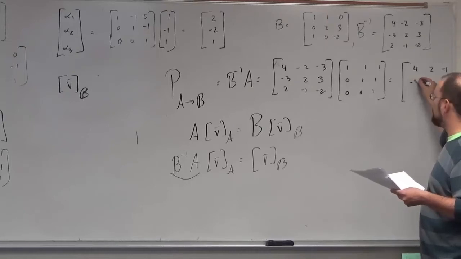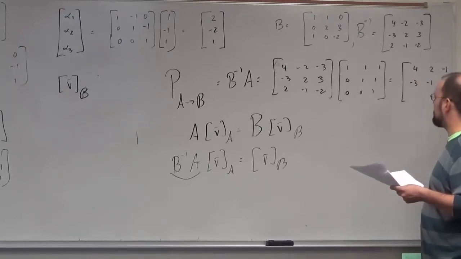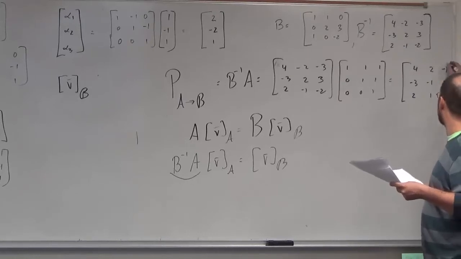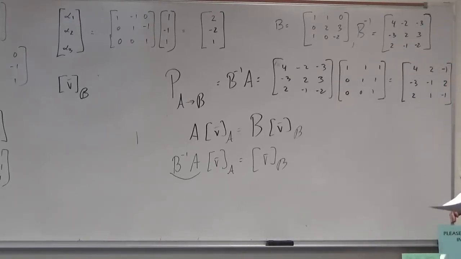All right, -3, -1. Adding those up, so 2. All right, so apparently this is the transition matrix. Let's check.